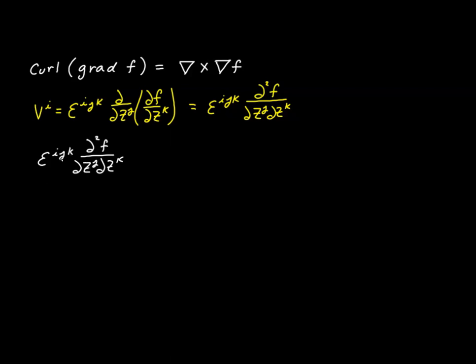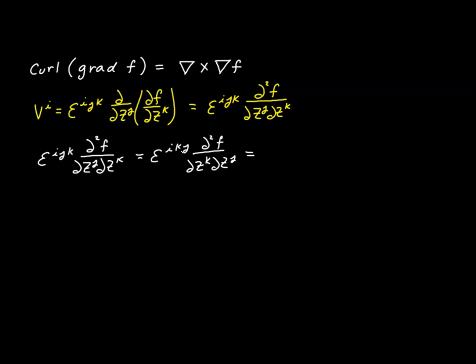Now we'll rename j and k. We'll rename j to k and k to j, so epsilon^ikj, second partial of f with respect to z^j and z^k. Right, and now I'm going to flip the order of the indexes.